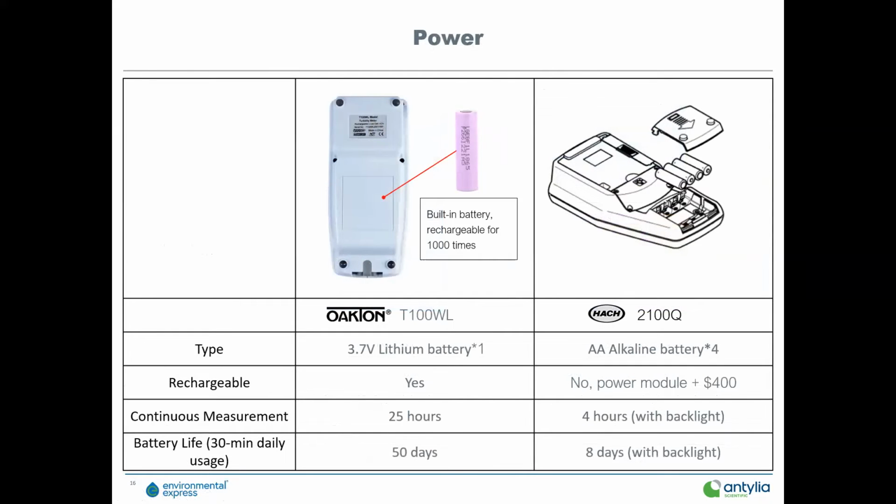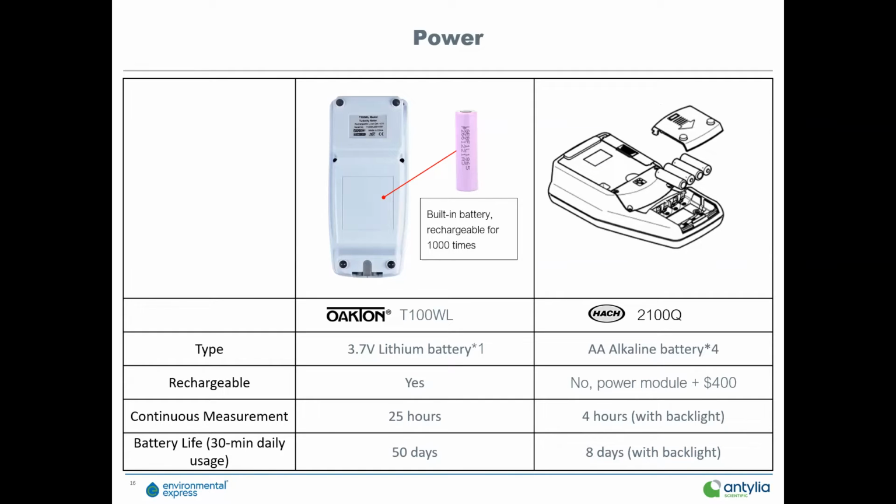Another big deal is the power consumption. That's some of the feedback I've heard from customers who use the 2100Q, that it consumes a lot of batteries. So you're forced to buy the power module and download cable at an additional cost.